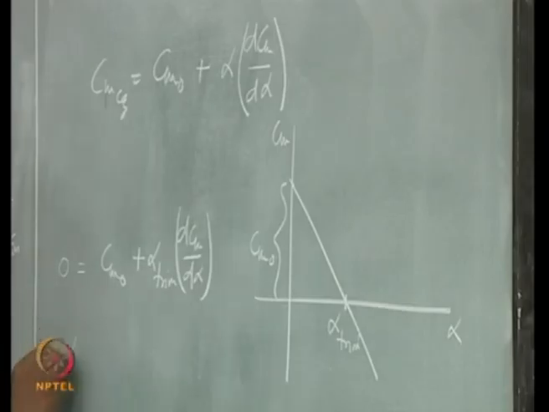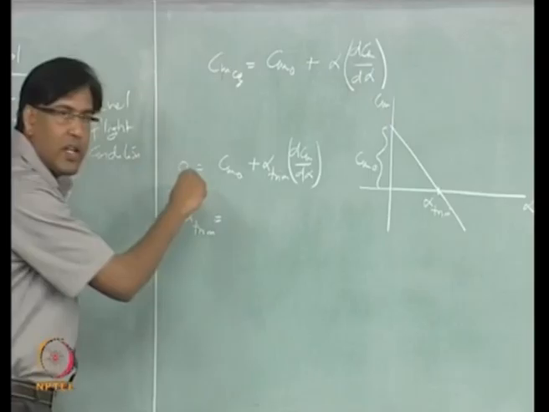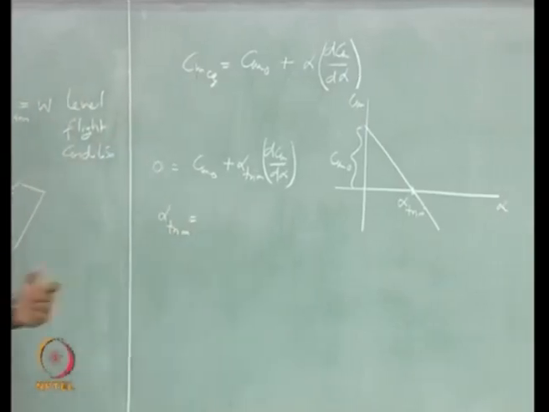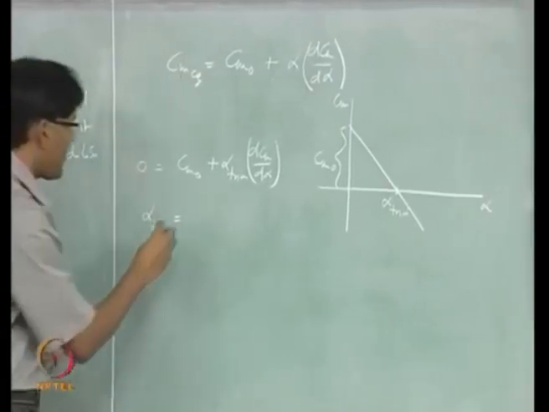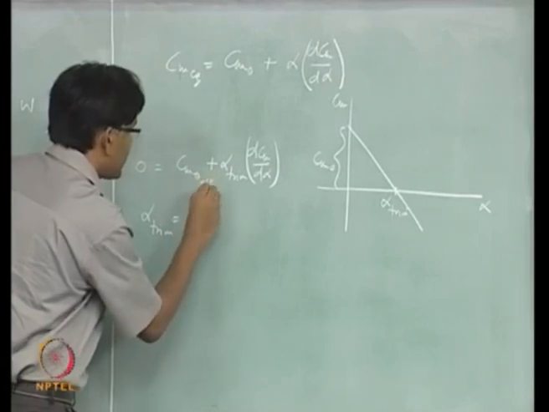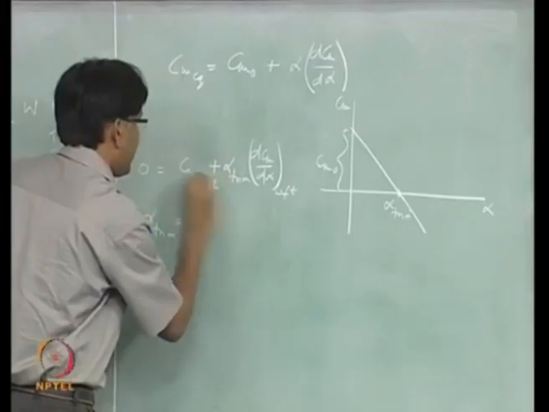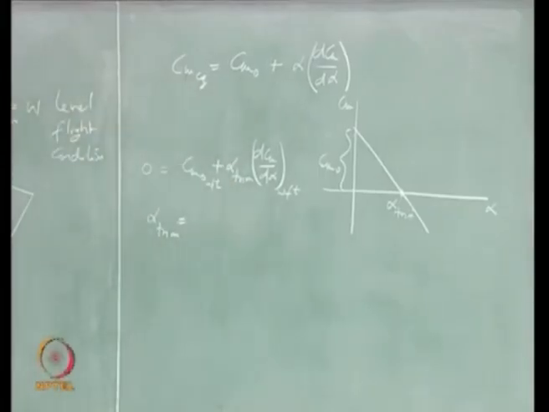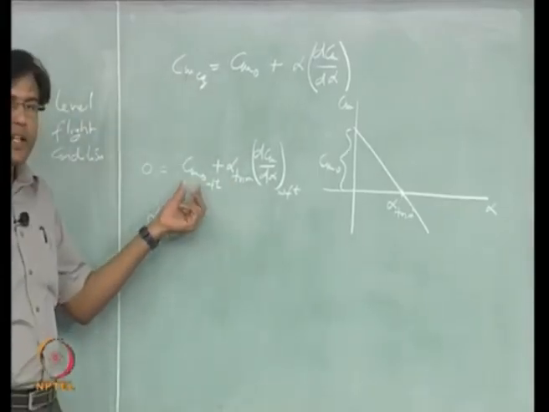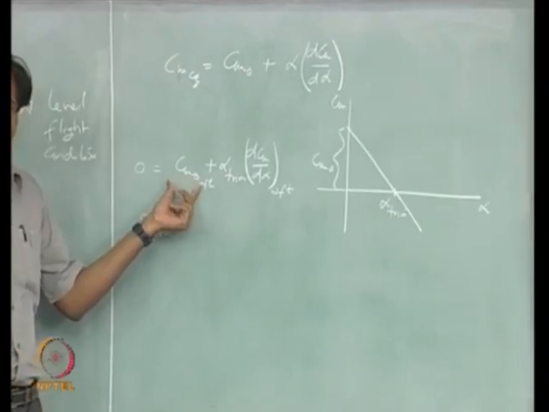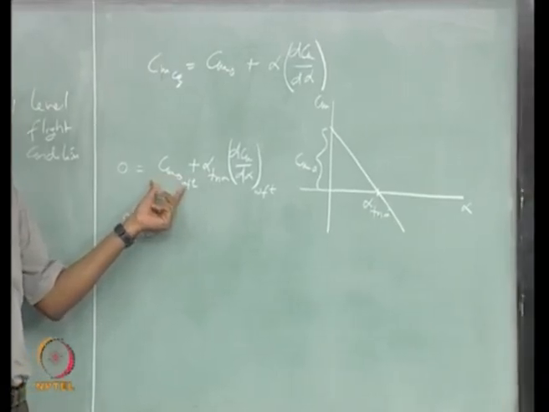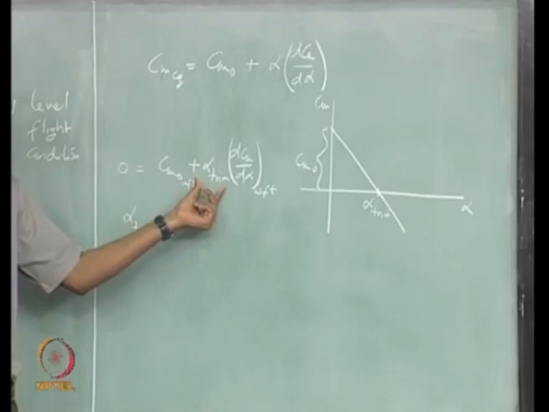Alpha trim is, this Cm naught is for the complete airplane, wing, fuselage, tail, okay, right. If you change the wing camber, this quantity is going to change, so that you can get a different alpha trim, right.